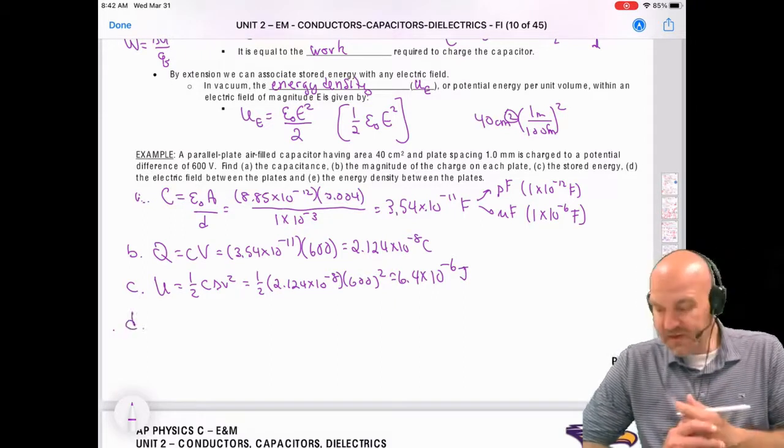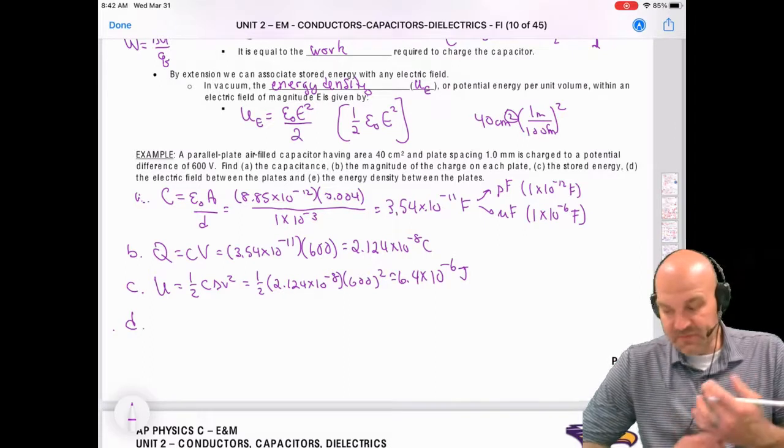Okay, part D says, what is the electric field between the plates?